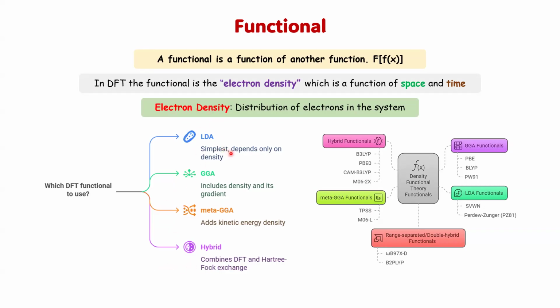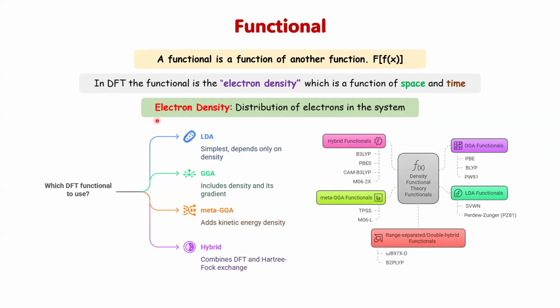The first one is the LDA, which is nothing but local density approximation. This functional depends only on the local electron density of the system. It assumes the electrons are in a uniform state, like the Jellium model. These kinds of functionals are preferable when your system has slowly varying densities, for example when you are going to study some kind of solid materials.